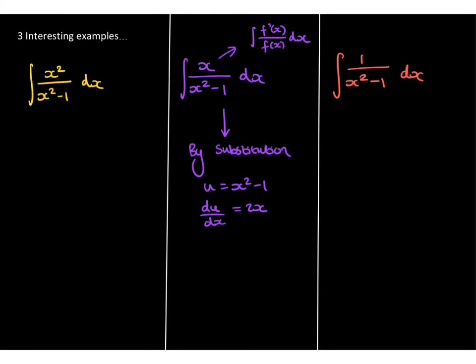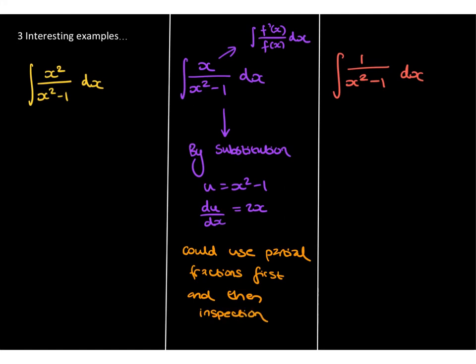It can also be done using partial fractions, because, of course, the denominator factorises very easily as x plus 1, x minus 1. It's a difference of two squares, but it will be much more efficient to use integration by substitution.